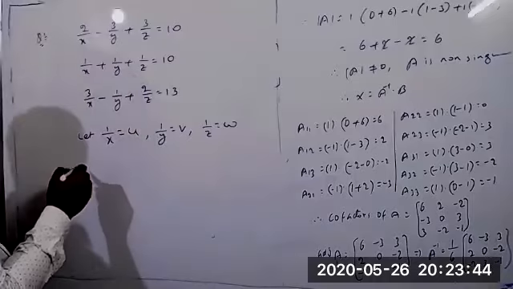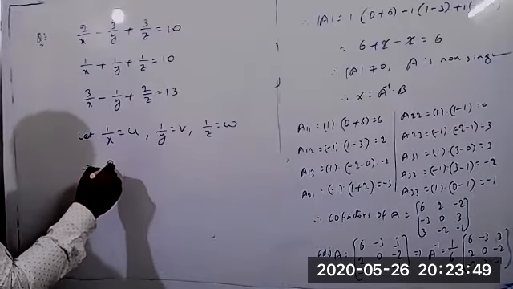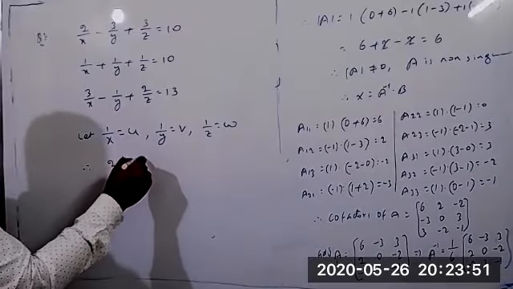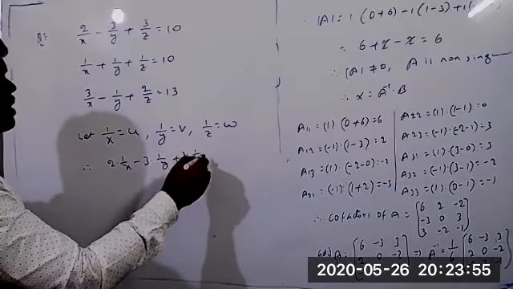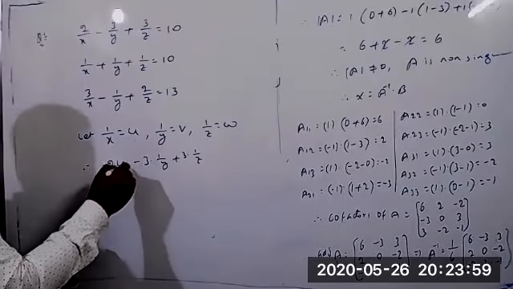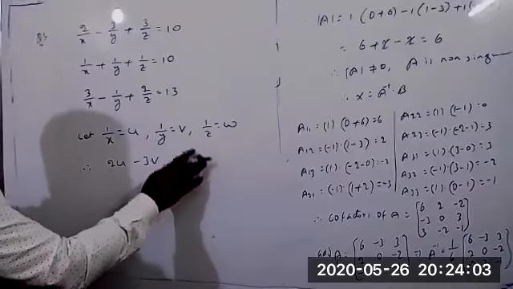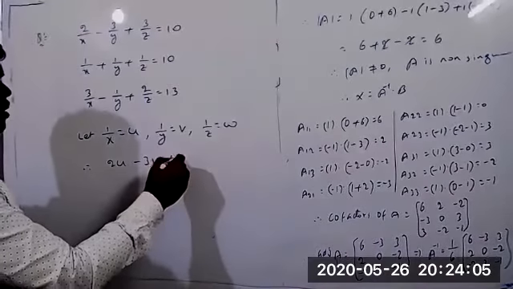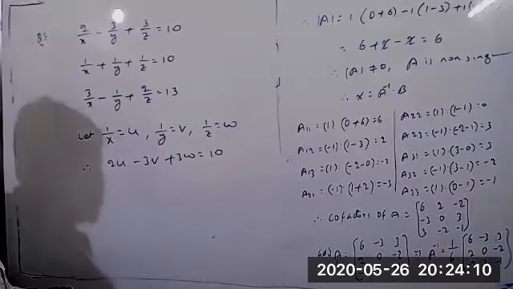The first equation can be written as 2 into 1 by x, that is 2u, minus 3 into 1 by y, that is 3v, plus 3 into 1 by z, that is 3w, equal to 10. This is the first equation.